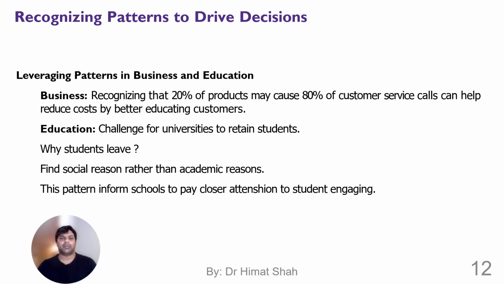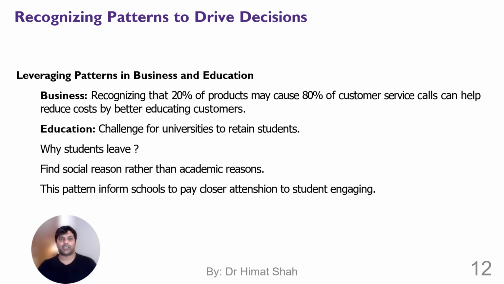Another big problem in education nowadays is that universities and schools try to gather data about why students are leaving and why they are not returning, to improve the ratio of students. The research showed that students often leave for social reasons, like feeling disconnected and unsupported, rather than purely academic struggles.